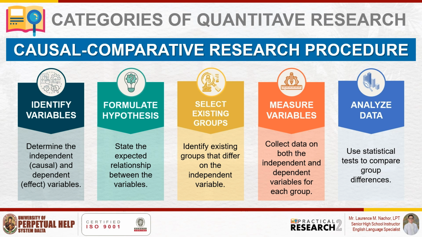Identify existing groups that differ on the independent variable. Then next, measure variables. Collect data on both the independent and dependent variables for each group. Then finally, analyze data, use statistical tests to compare group differences. So here are the various procedure under causal comparative research.